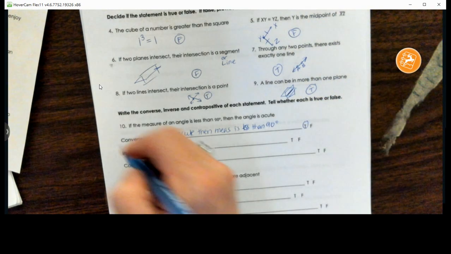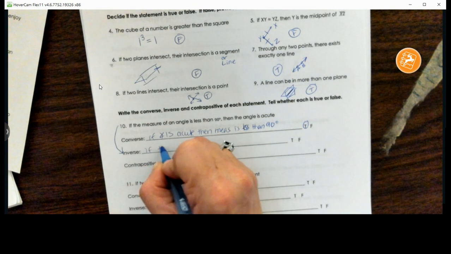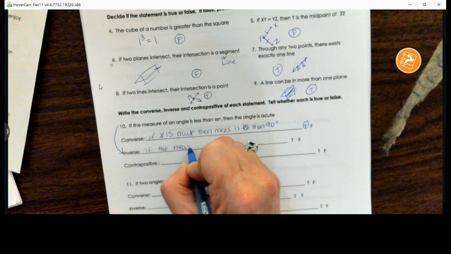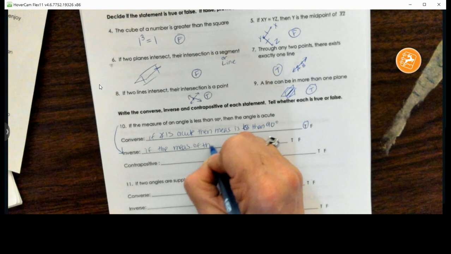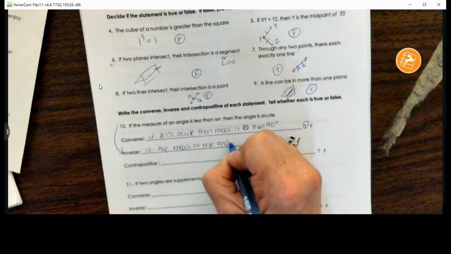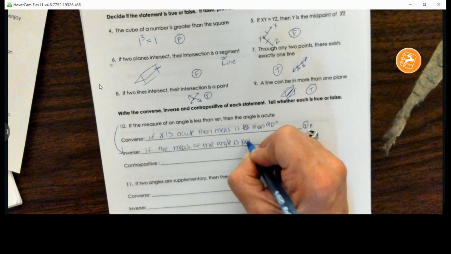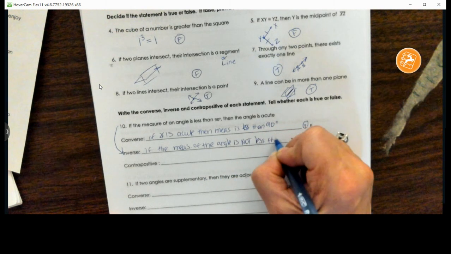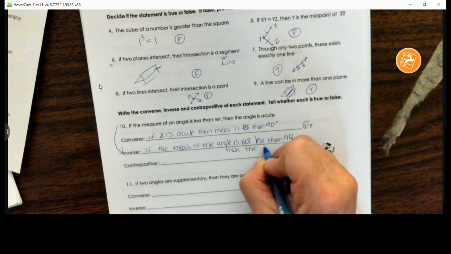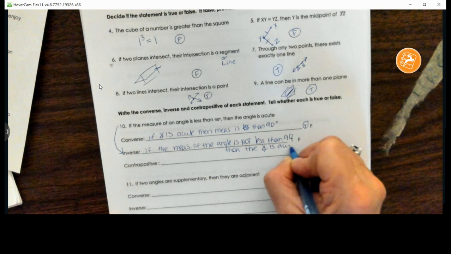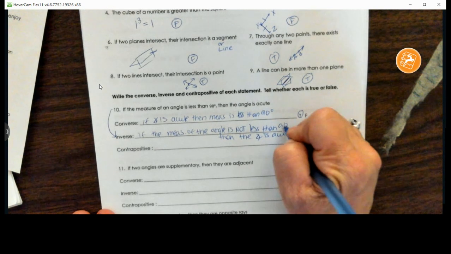The inverse, we want to take the statement and negate it. So if the measurement of the angle is not less than 90, then the angle is not acute. And that is also true.